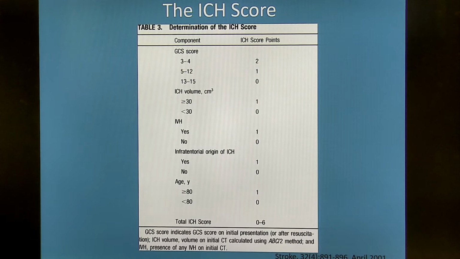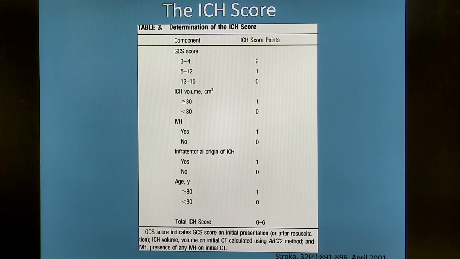Knowing the volume, as well as the clinical presentation, allows the caregiver to generate an ICH score. The ICH score is then used as a tool to help prognosticate. You can see here the elements include the GCS, the ICH volume, whether or not there is intraventricular hemorrhage, whether or not the origin of the bleed is infratentorial or not, and the age.